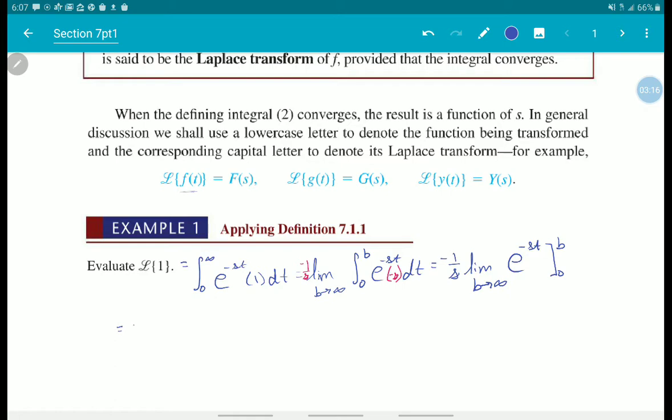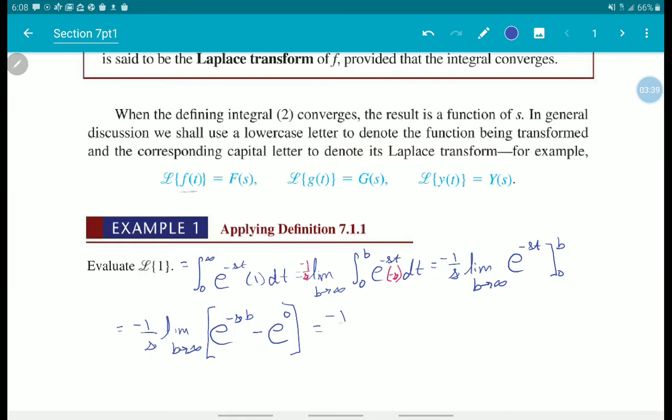So then we have negative 1 over s, limit as b goes to infinity, using the fundamental theorem of calculus. Remember, b is going in for t. This is e to the negative sb minus e to the 0.